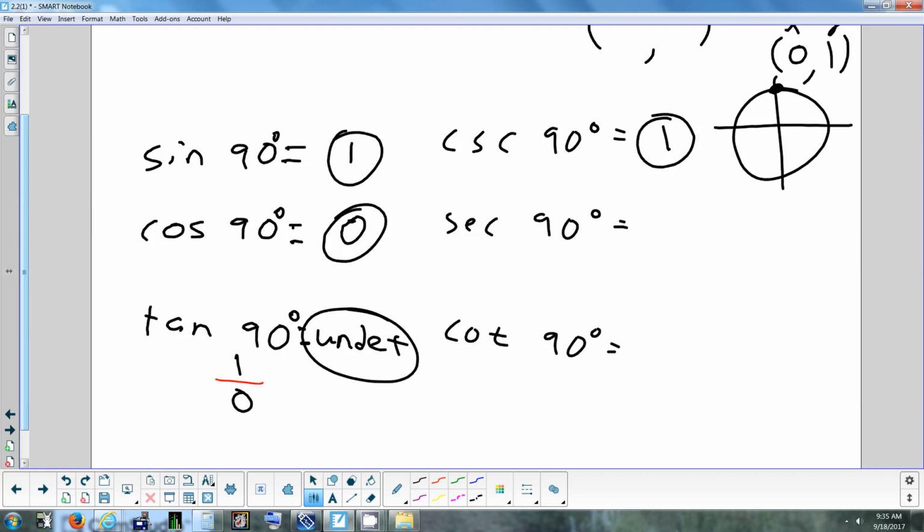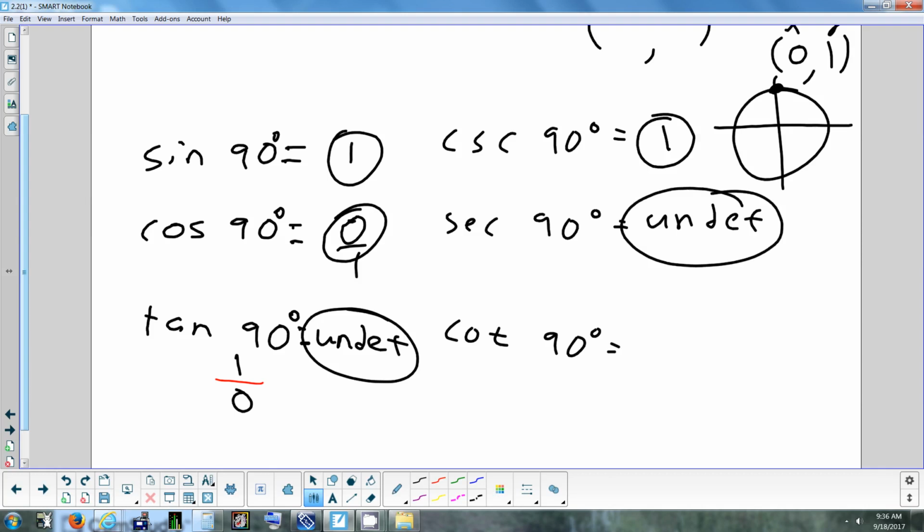Well, what are you flipping? Tell me that first. To get the secant, you're flipping what fraction? You're flipping 0 over 1. If you want to make that a fraction, just put it over 1. Nope, not 1. It's undefined, right? Because if you flip 0 over 1, we just had that down here. 1 over 0, undefined.